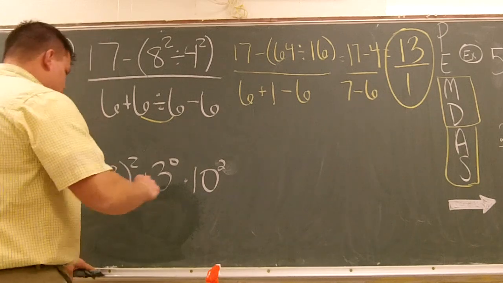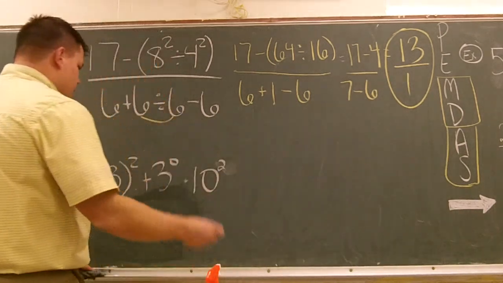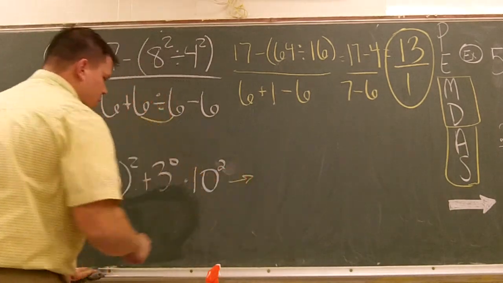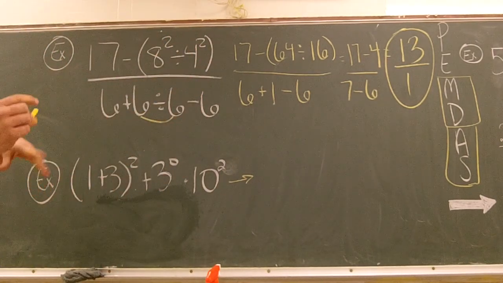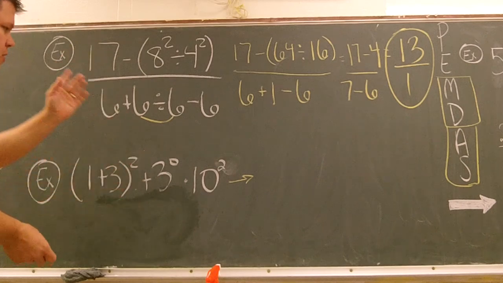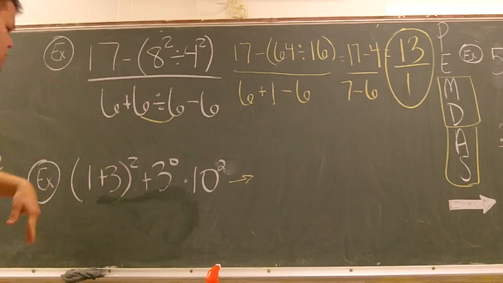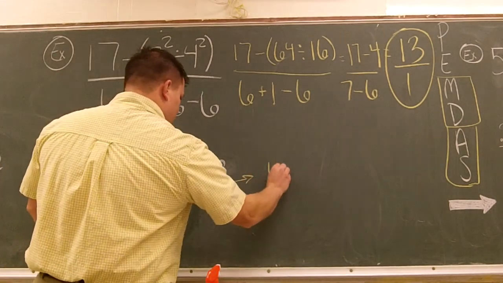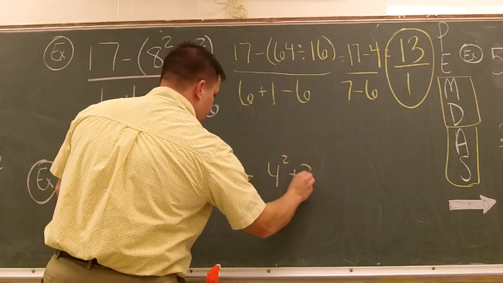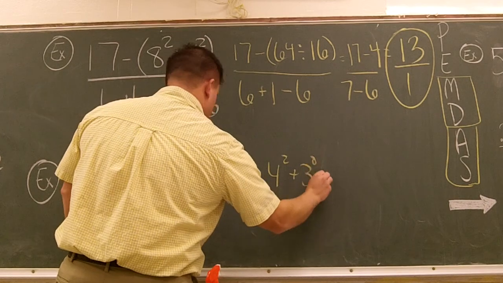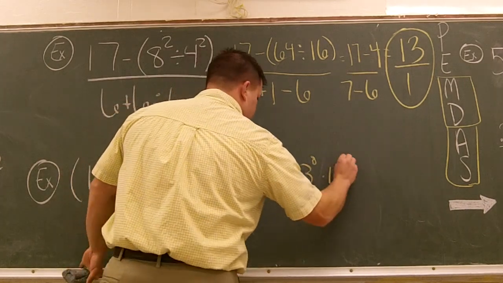You know what I'm going to do? I'm going to write it over here. That way I can show the work over here. So don't be confused. I'm going to show that reverse pyramid, or ice cream cone, or whatever you call it, over here. So it's going to be 4 squared plus 3 to the 0 power times 10 squared.